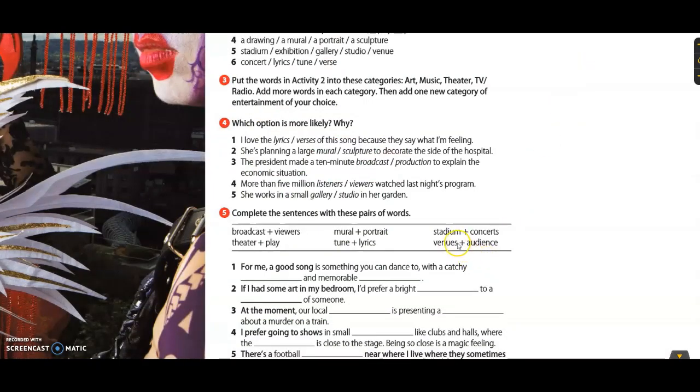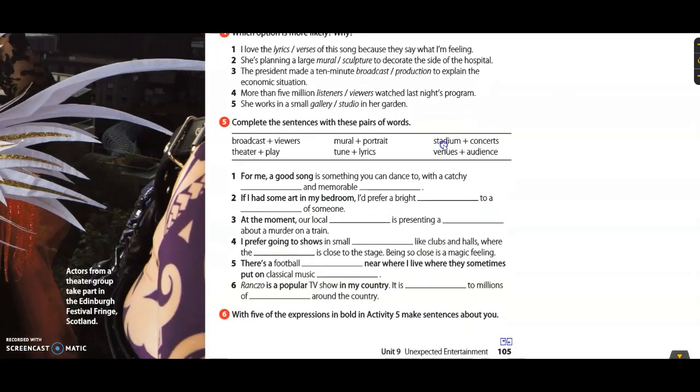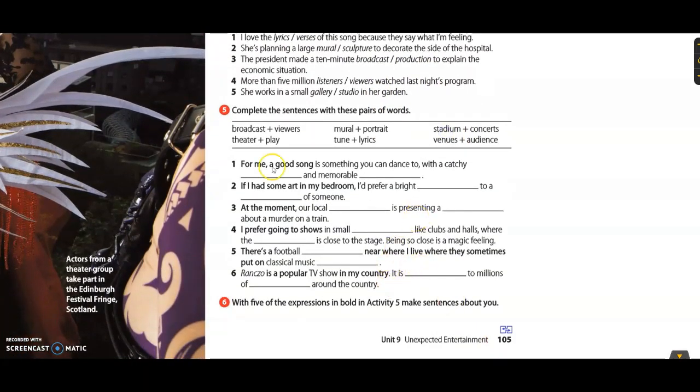Let's go now to exercise number 5. The instruction says complete the sentences with these pairs of words. We had broadcast, viewers, theater with play, mural with portrait, tune with lyrics, stadium with concerts, and venues with audience.